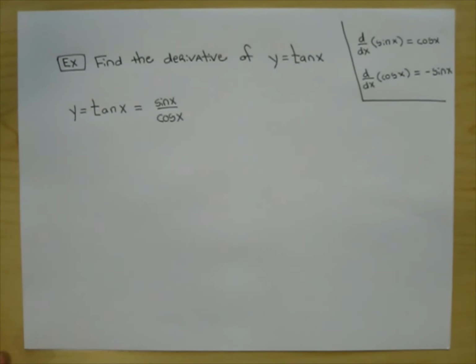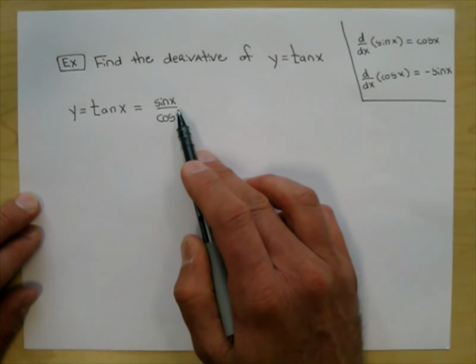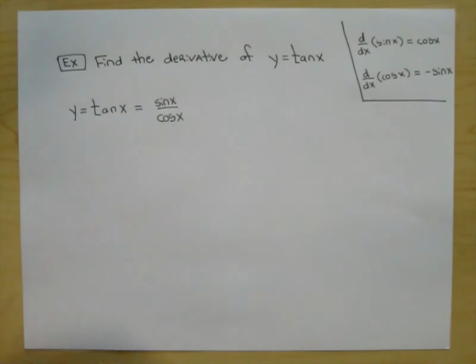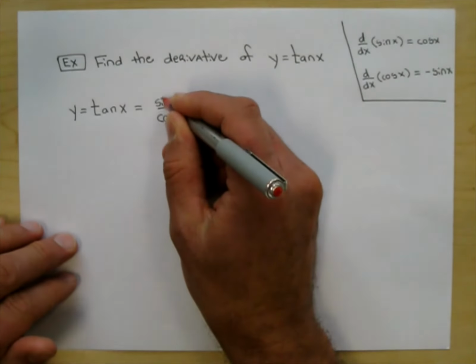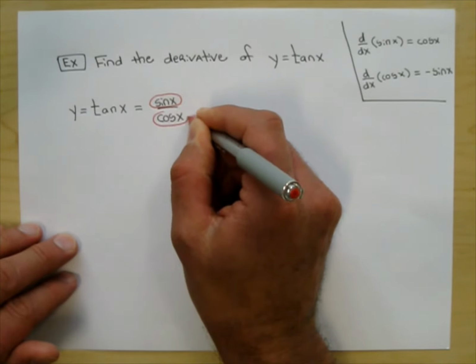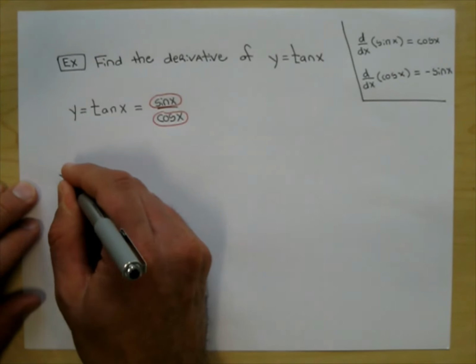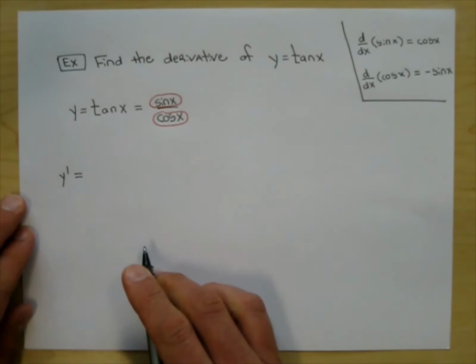So when I go to take the derivative of the tangent, I could just take the derivative of this quotient. And so guess what I'm doing? I'm doing the quotient rule, where this is the top and this is the bottom. So y prime equals, so here goes the quotient rule.